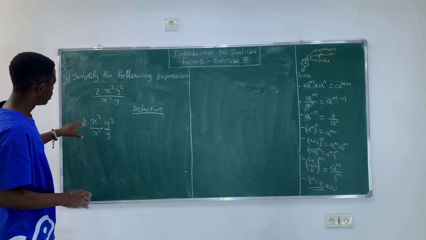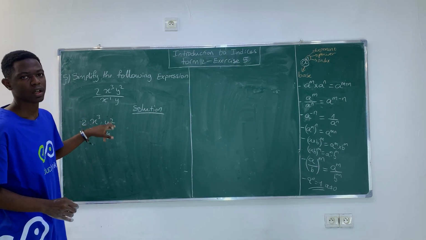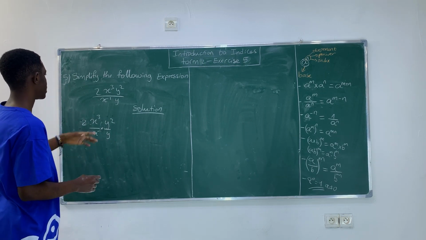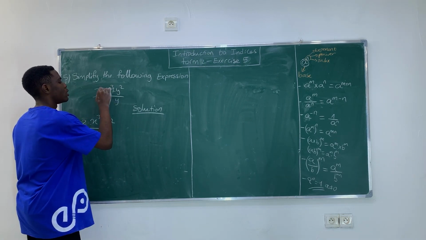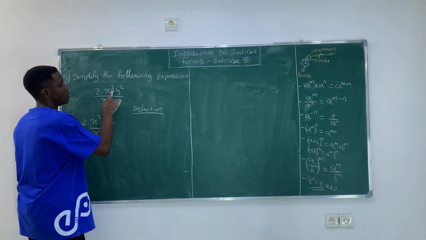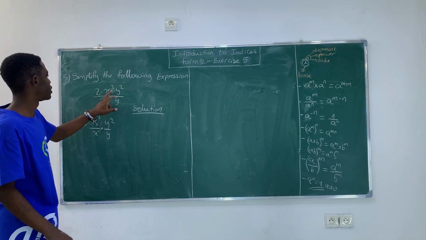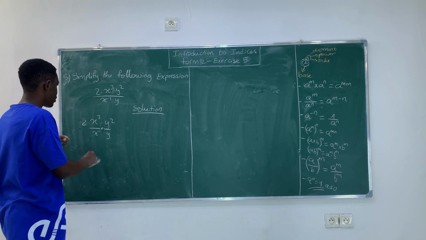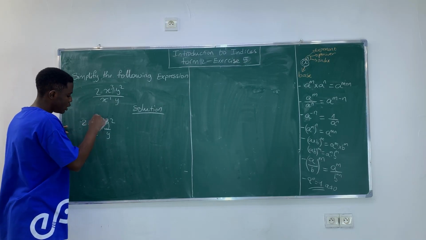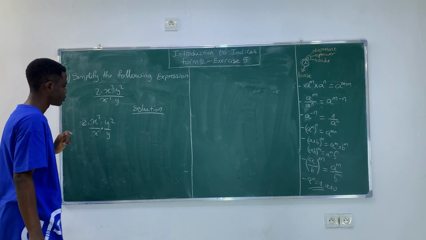If I put the 2 and the x's together and the y's together, I've not changed anything because it is not plus. If it is plus here, I cannot do this. But since it's a multiplication sign, I can do this. I can put my 2 alone, then this alone, and this alone.